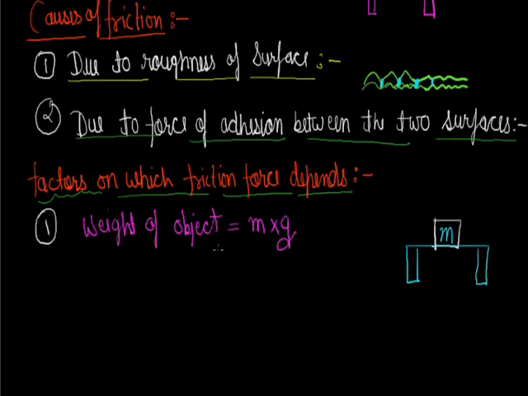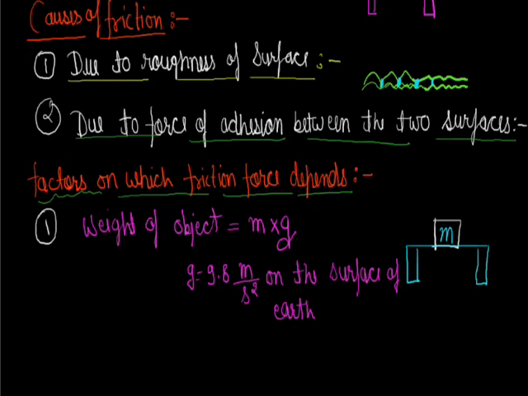Weight of an object is the force exerted by Earth towards its center. It is given by the formula W = m g, where m is the mass of the body and g is acceleration due to gravity, and g equals 9.8 meter per second square on the surface of Earth.